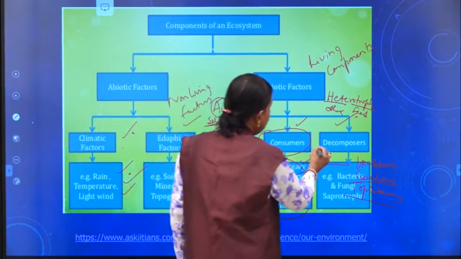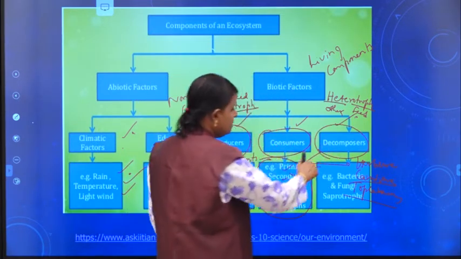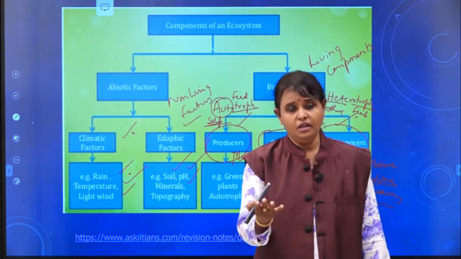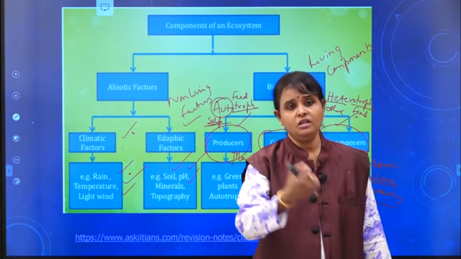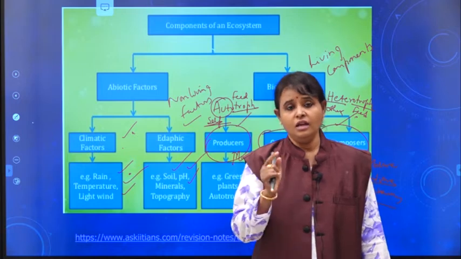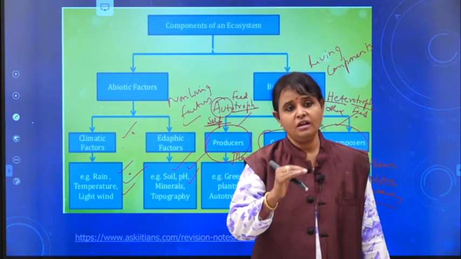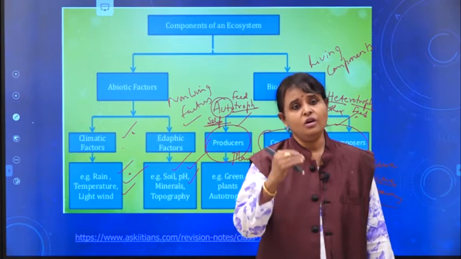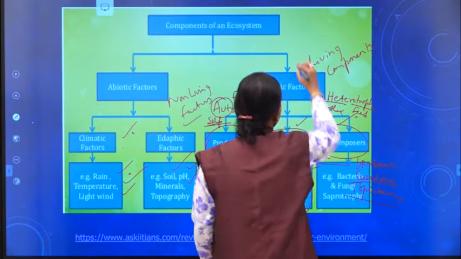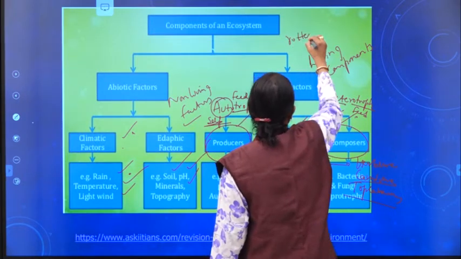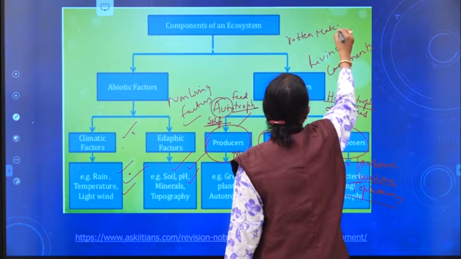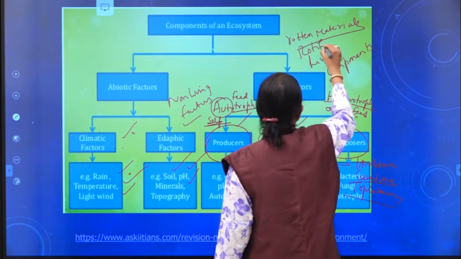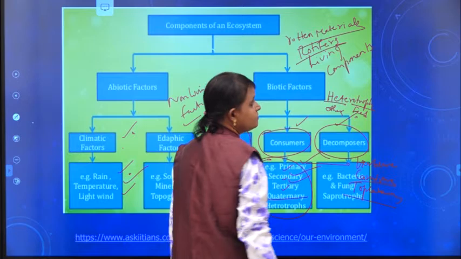Now the last one, that is decomposer. Now let me tell you, decomposers play a vital role. In the last slide I told you. Decomposers, examples you give: bacteria, fungi. These decomposers feed on the rotten materials, so they are also known as saprotrophs.